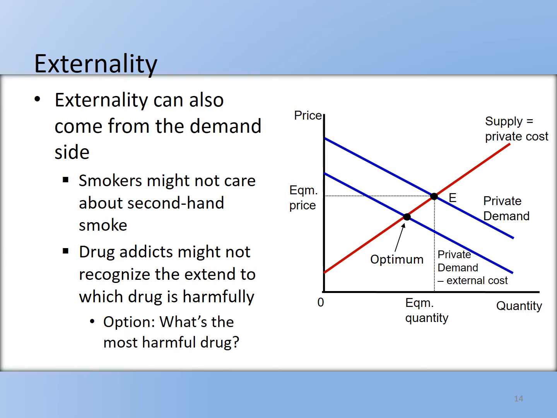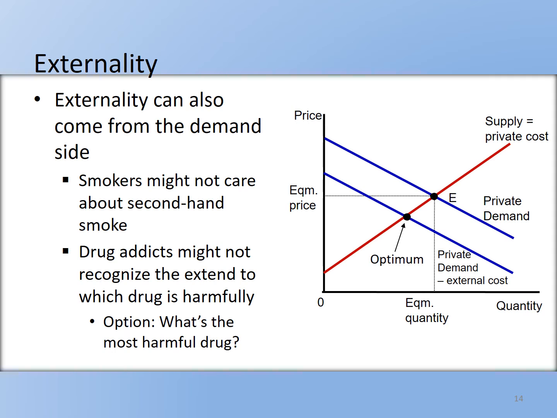Now, the way we can analyze this situation is the same as in the case when the seller pollutes the air. We recognize that the benefit to the society is actually lower than what the individual thinks it would be. This is calculated by subtracting the external cost from the private benefit.